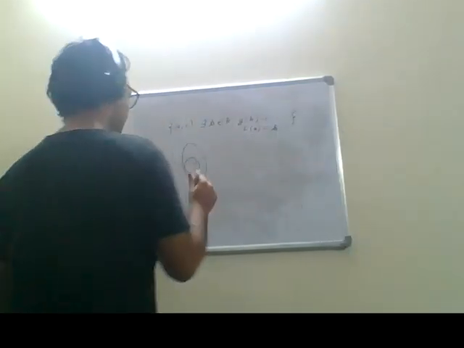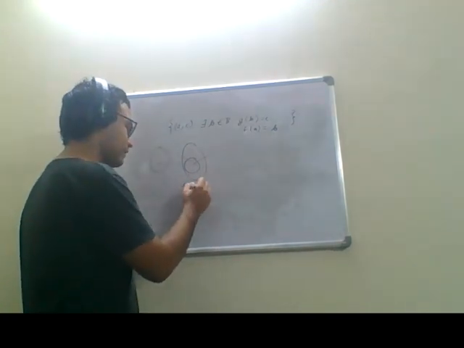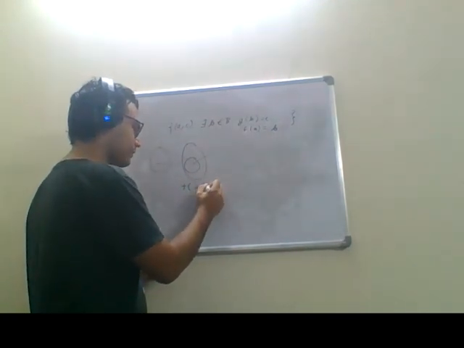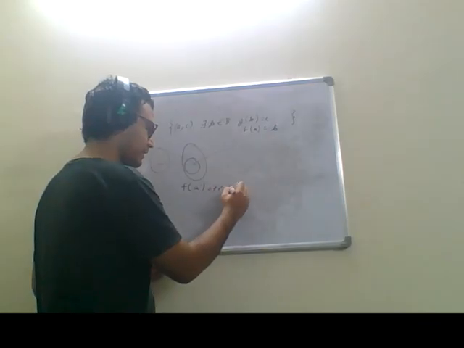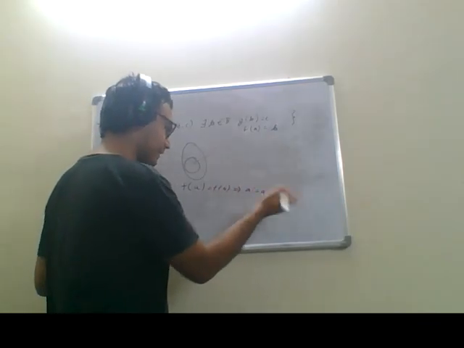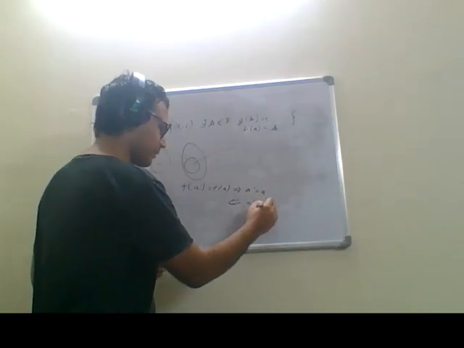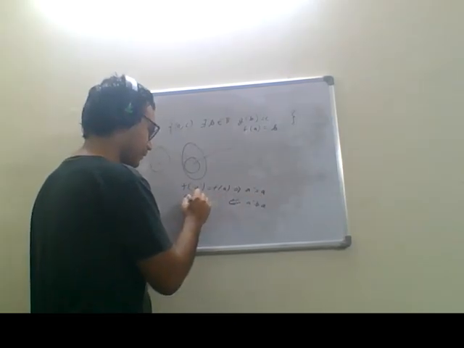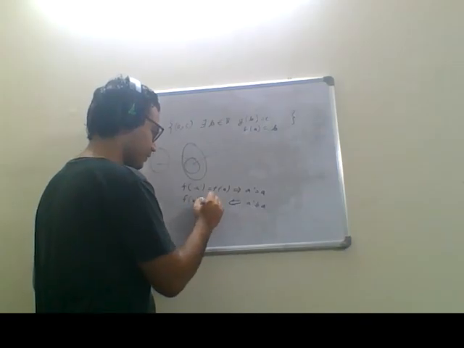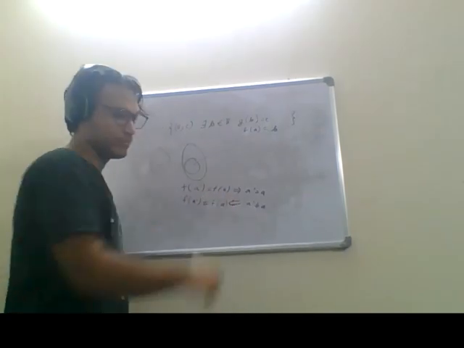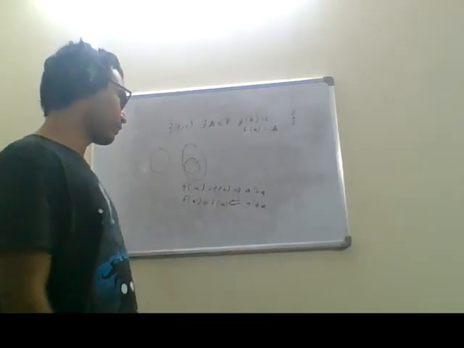One-to-one, and I check this. So one-to-one is just f of a prime equal to f of a implies a prime is equal to a, and the contrapositive is also useful. So a prime not equal to a implies f of a prime not equal to f of a. The contrapositive is sometimes used in proofs.